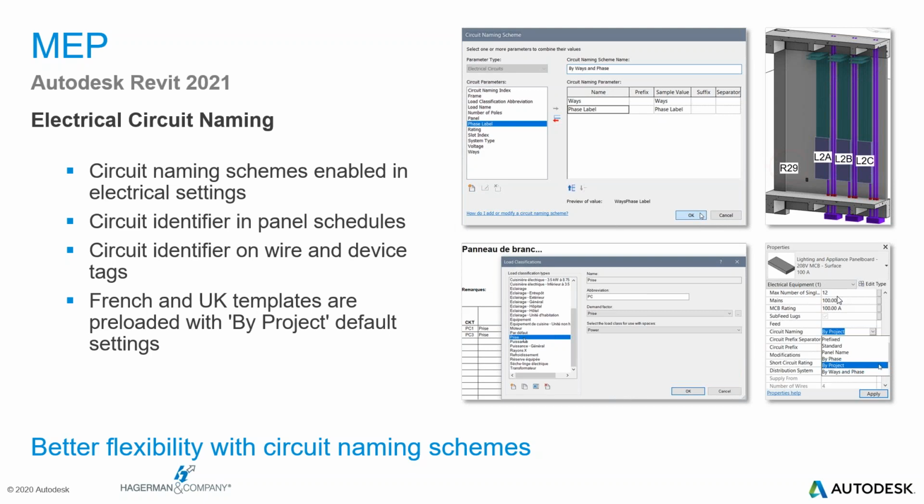You can select the scheme for the project that is used for all panels that have their circuit naming values set to by project setting. In order to make Revit more adaptable to a global market, Autodesk is providing a flexible method to define circuit naming schemes.